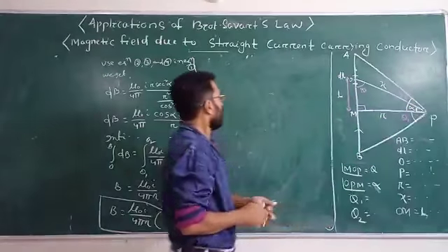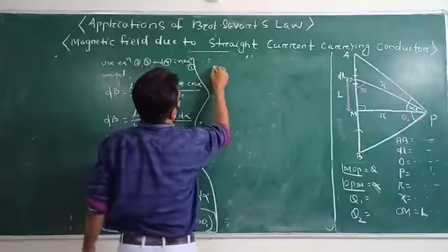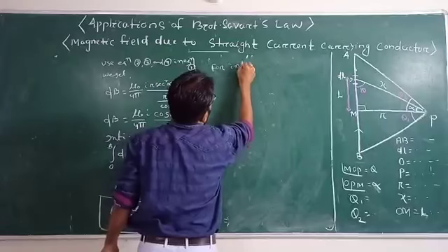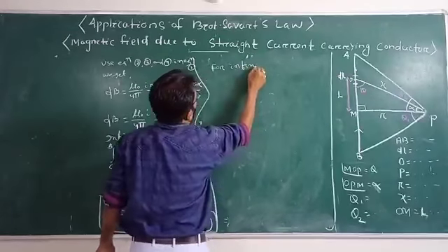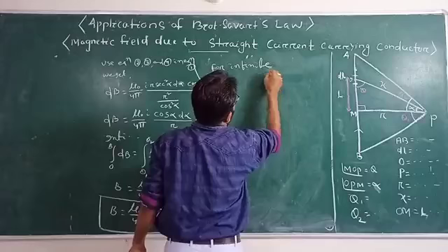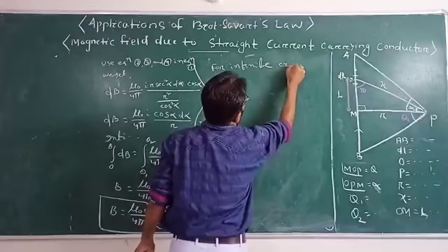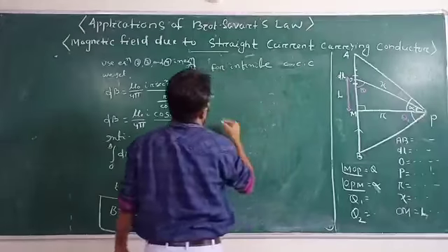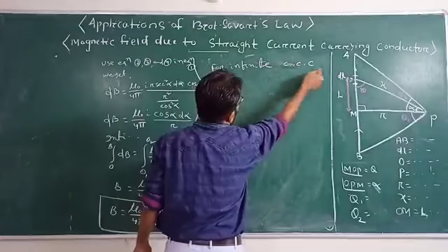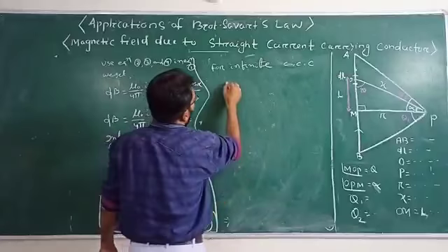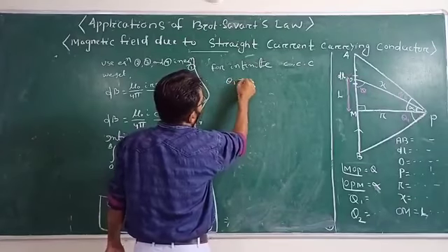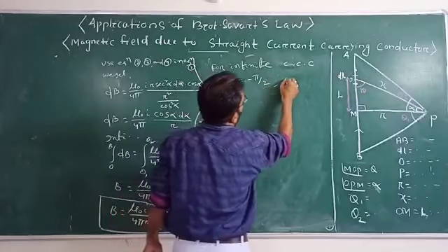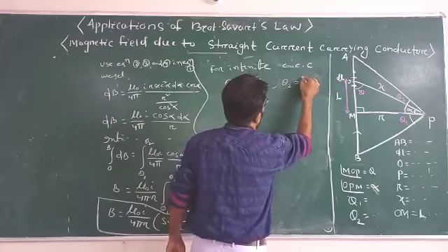Okay. Now the condition for an infinite current carrying conductor: theta 1 is equal to minus pi by 2 and theta 2 is equal to pi by 2.